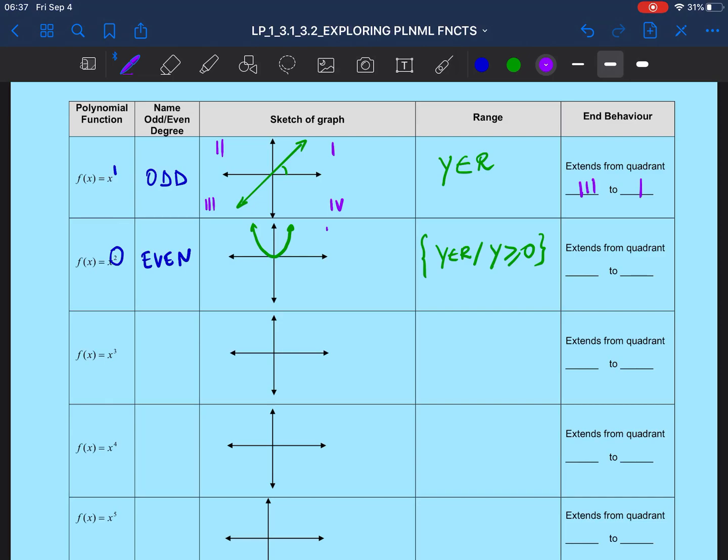For this function, we're going to say that it will extend from quadrant 2 to quadrant 1. Remember that the extension is always described starting from the left side of the function to the right side. So we are in quadrant 2, going towards quadrant 1.